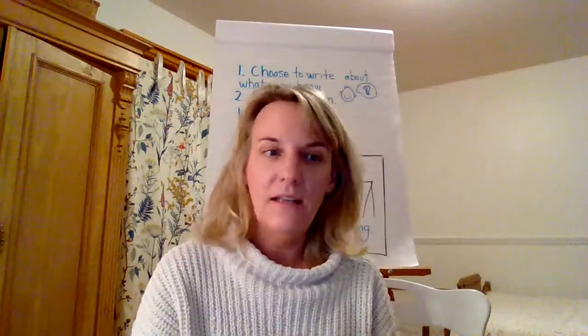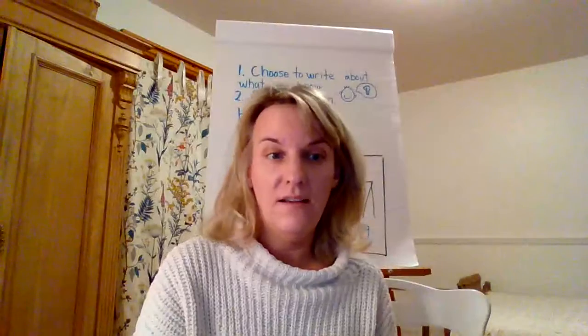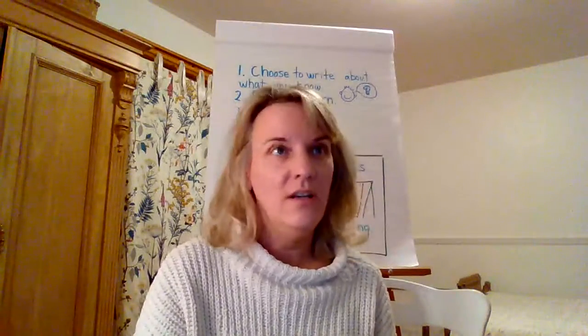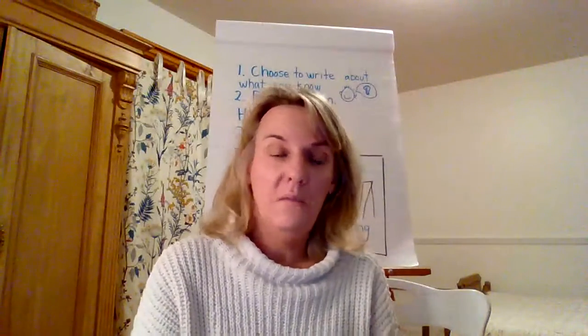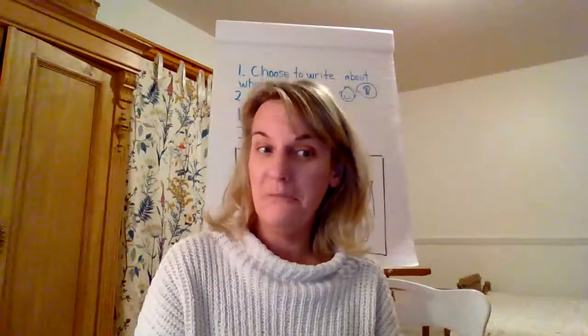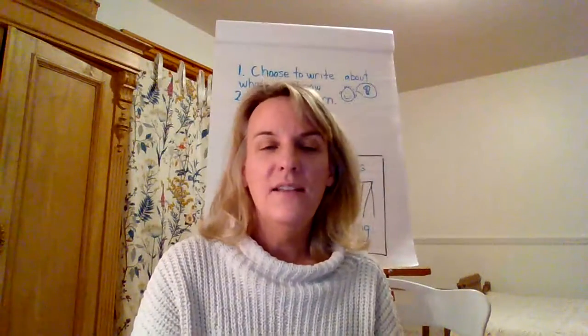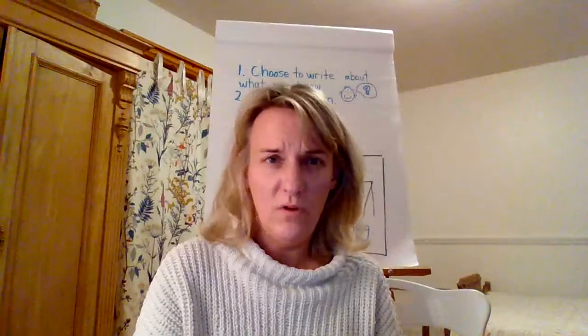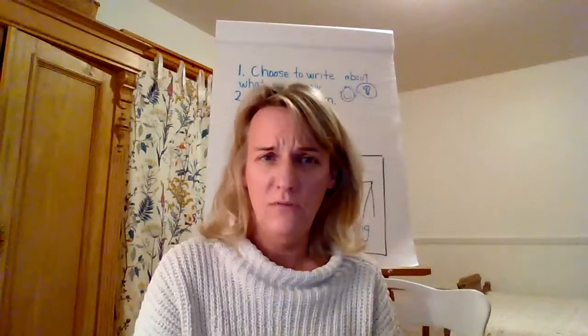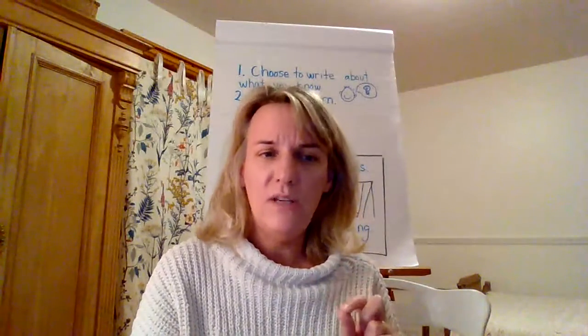So really think about something that you know. Maybe a pet, like "Here is my dog. Here is a dish. Here is a toy." Maybe about a brother or sister, right? That might be fun. So there's so much you know about, boys and girls, and there's so much you can write about. So that's where you need to start.